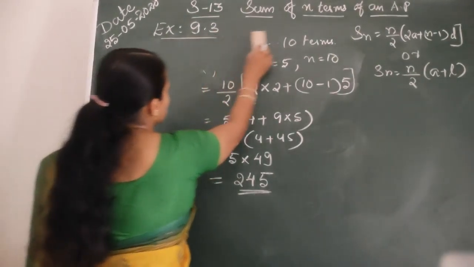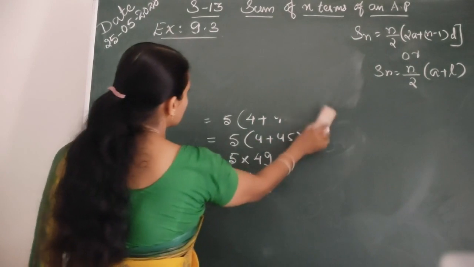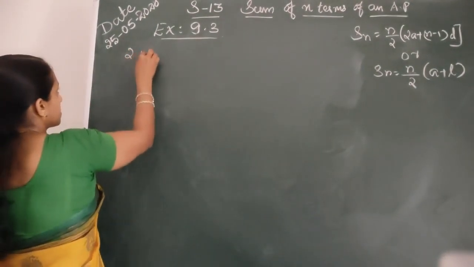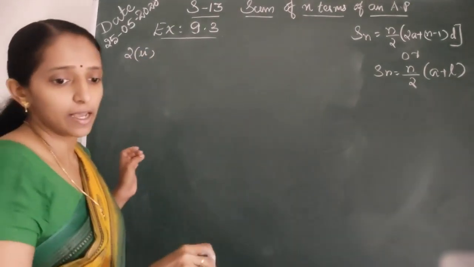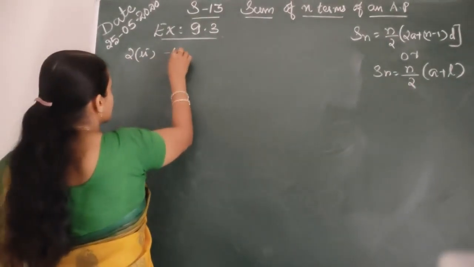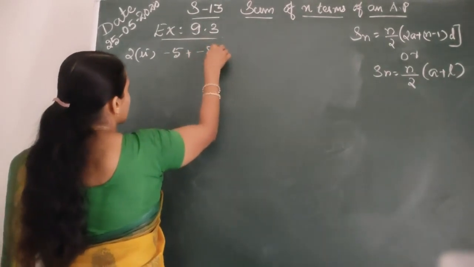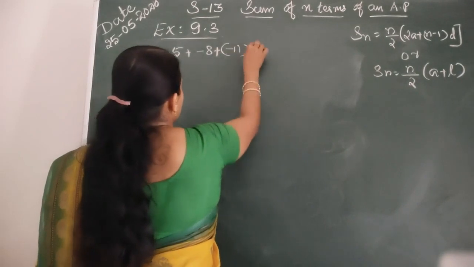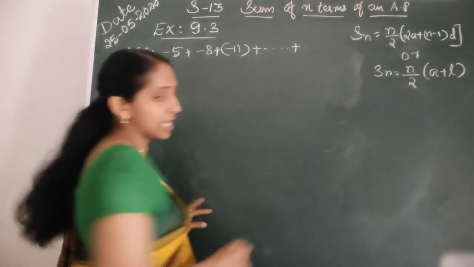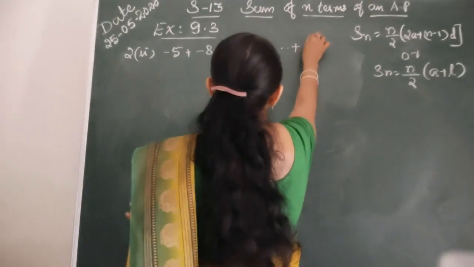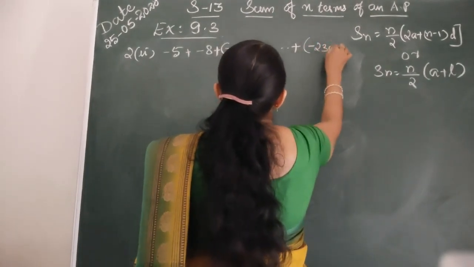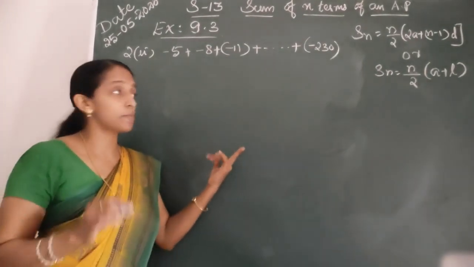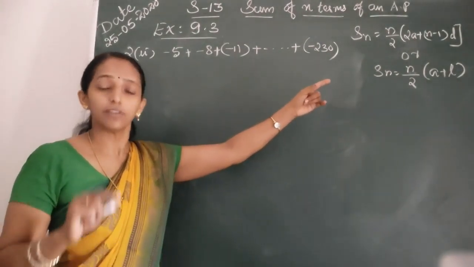So question number 2, second part, the question is given as minus 5 plus minus 8 plus minus 11 plus etc. up to minus 230. That means the number of terms we don't know. l is given, but we don't have the value of n.